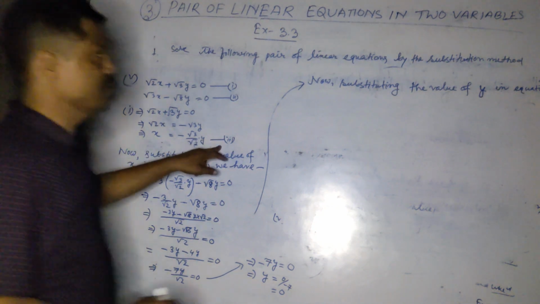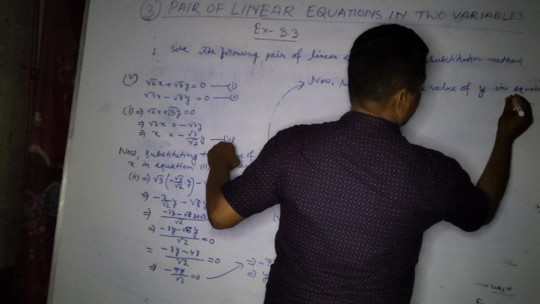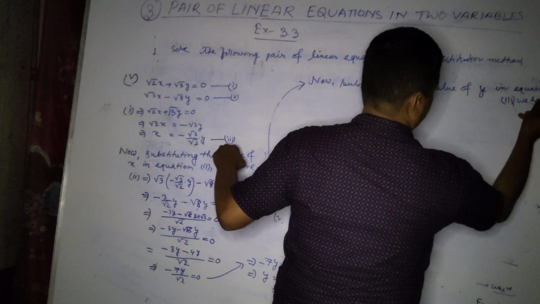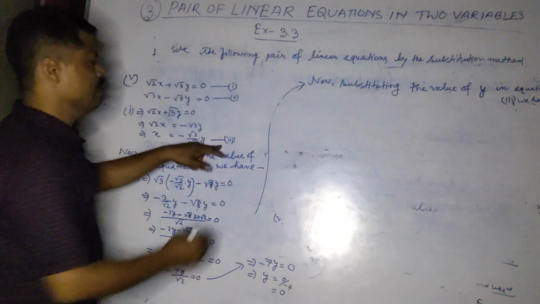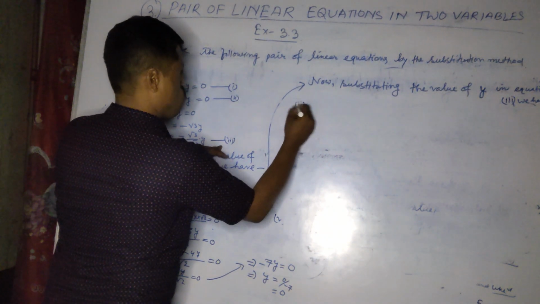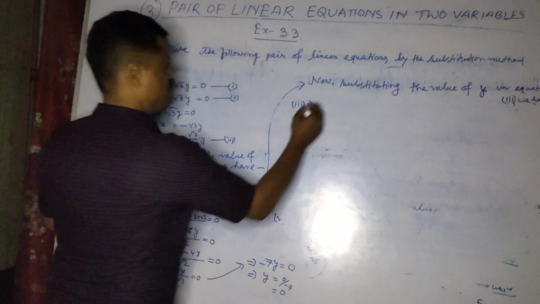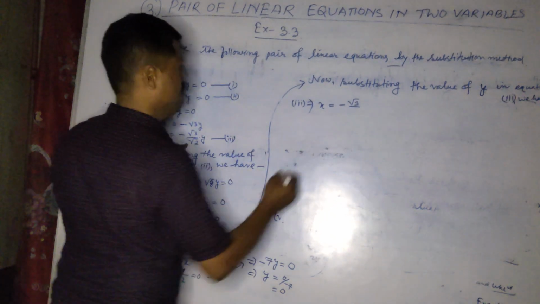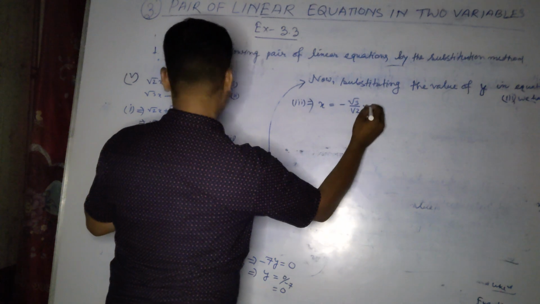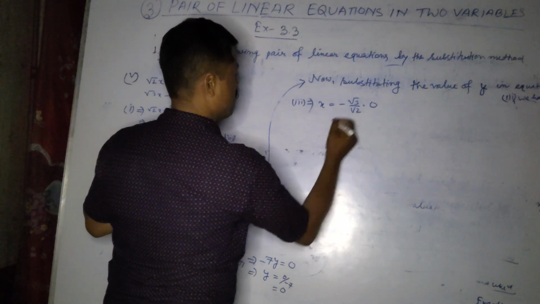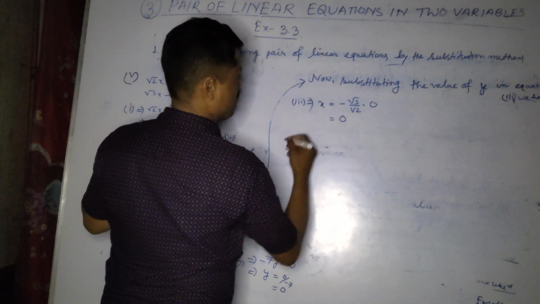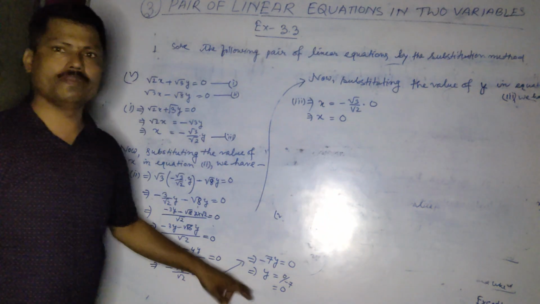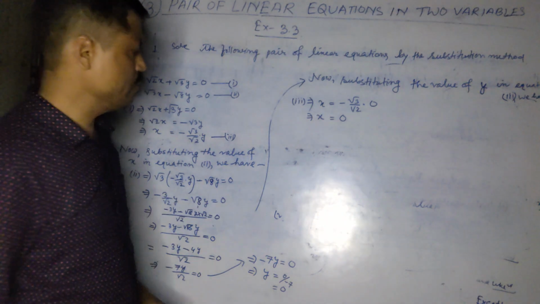In equation 3. From equation 3 we write x is equal to minus root 3 divided by root 2 into y value. Y value is 0. Then what are we getting here? 0. X value is 0 and y value is also 0.